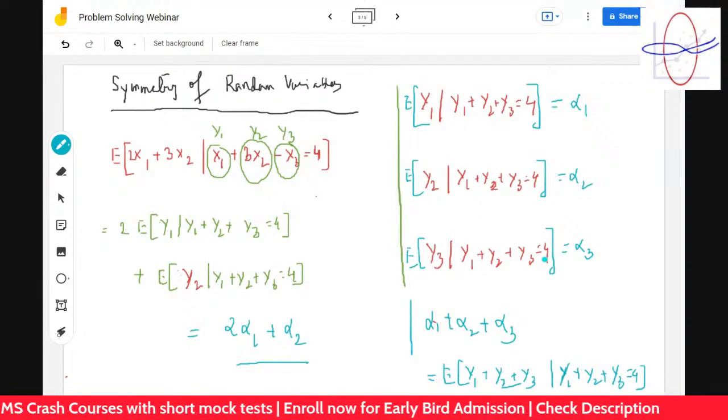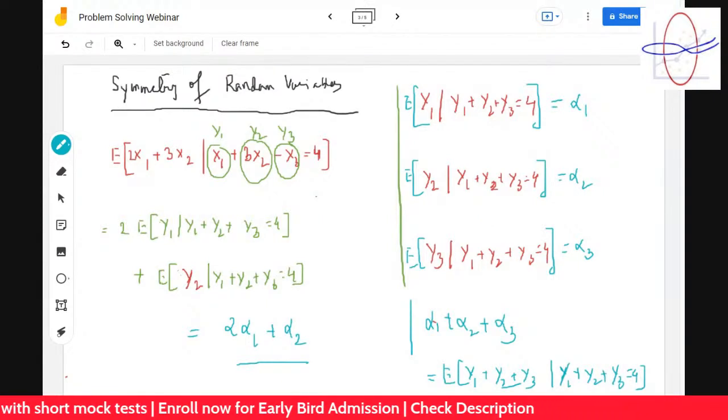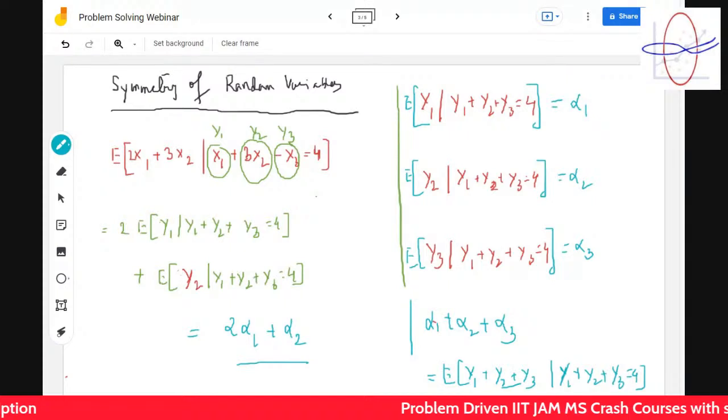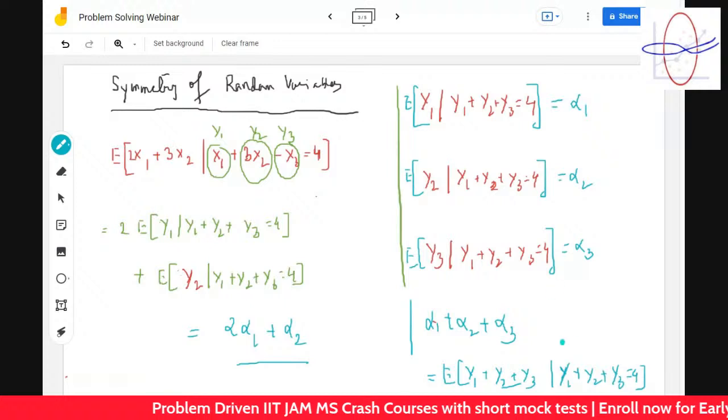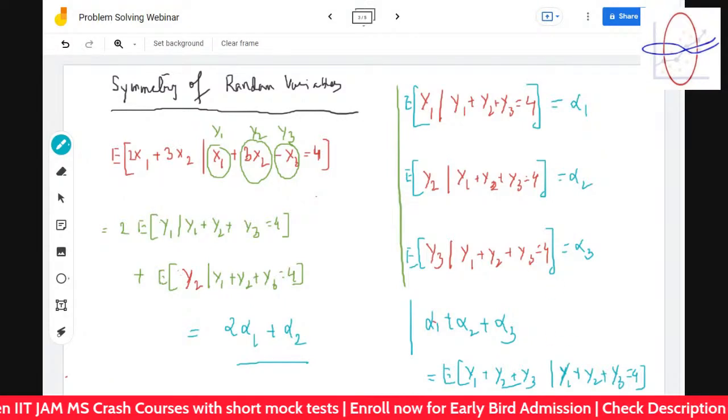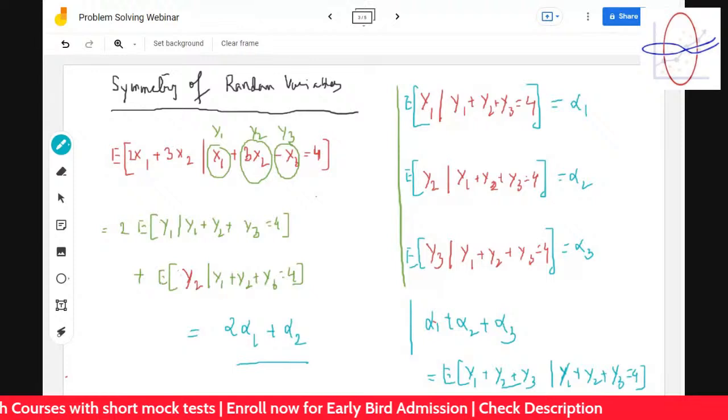So what does it mean? Given that y1 plus y2 plus y3 is equal to 4, it's already given that it's a constant. It's asking you the expected value of that random variable. It will be 4, right? Because it's a constant. So it's asking expectation of 4 given this. So that's 4, right? Did you understand, guys? Vasant, are you understanding?